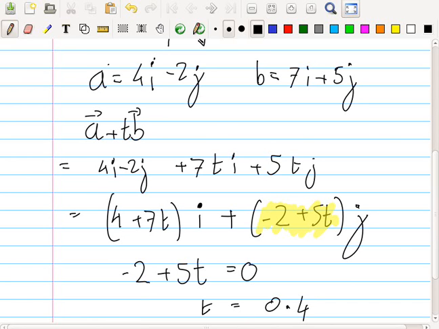They actually say in the question in number 8, the j part must be 0. So they tell you this too in the question. Okay. Anything else from this now? In each case, draw the vector.